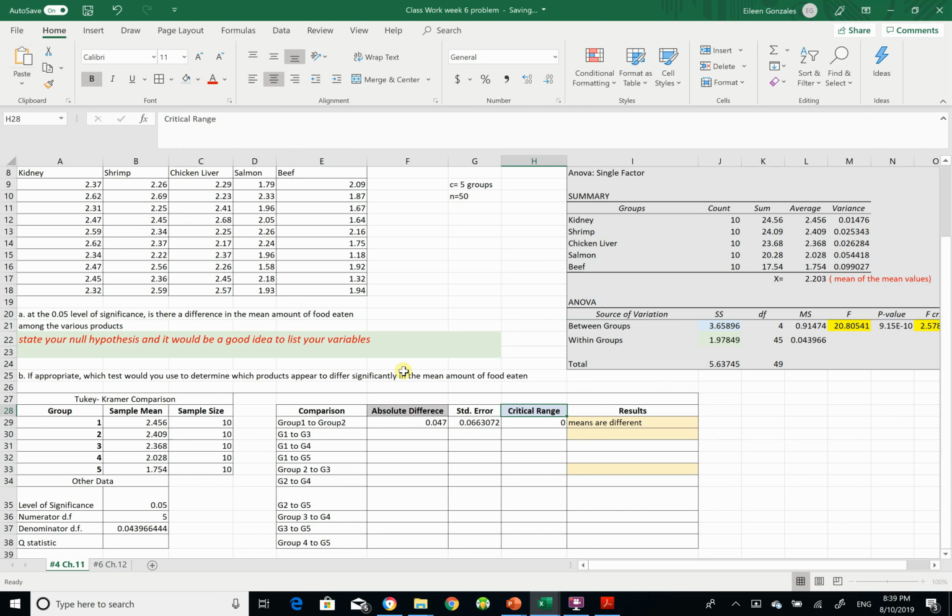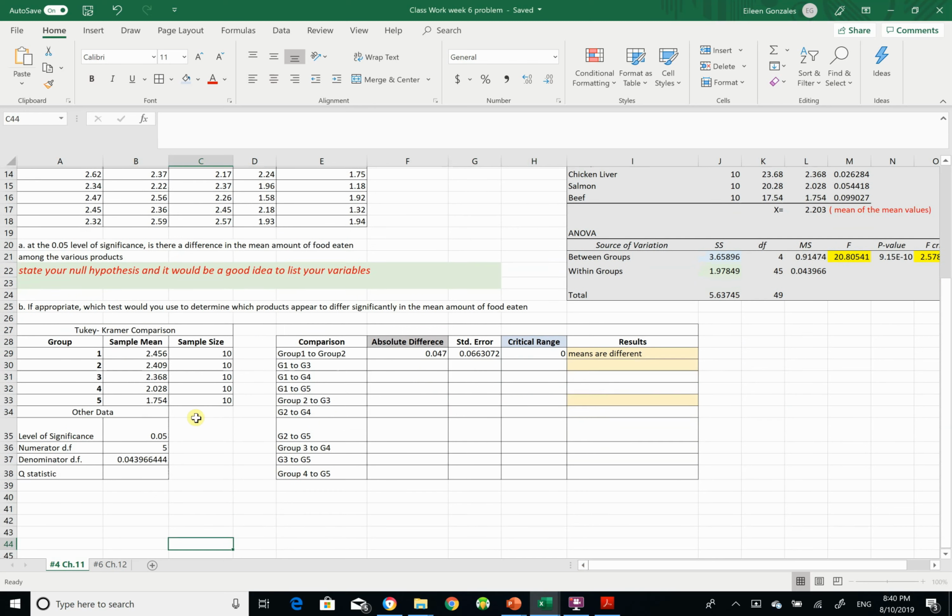Then step 3 is we're going to compare each of the pairs against its corresponding critical range. And then we're going to interpret this result. So here we're going to compare the differences. I got this started already. This is mostly provided for you.